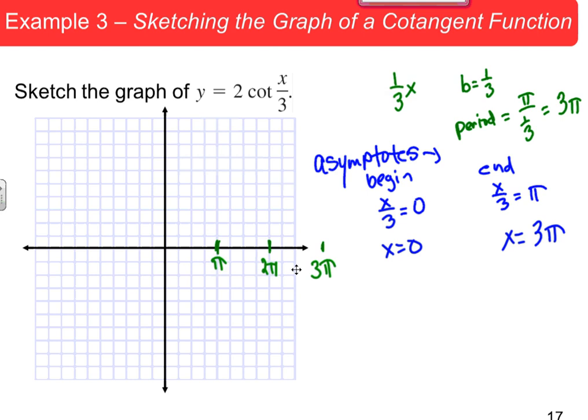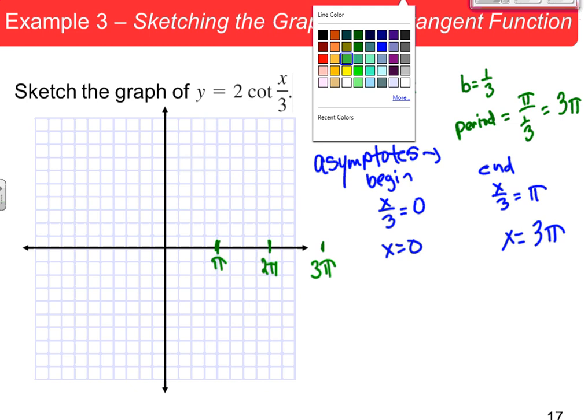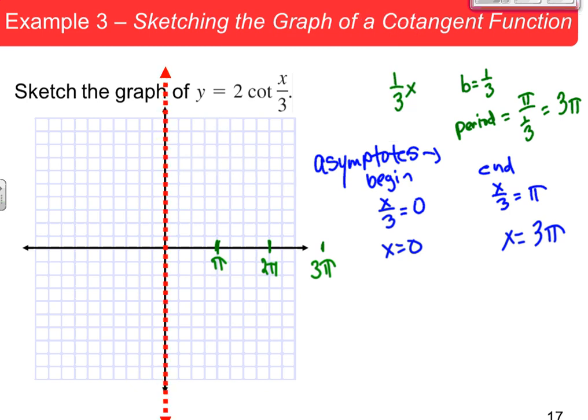So we just said that our asymptotes are at x equals 0 and x equals 3 pi, and that's going to be for one period. I have to just move something a second. Okay, so I'll put in that asymptote there, another asymptote here.